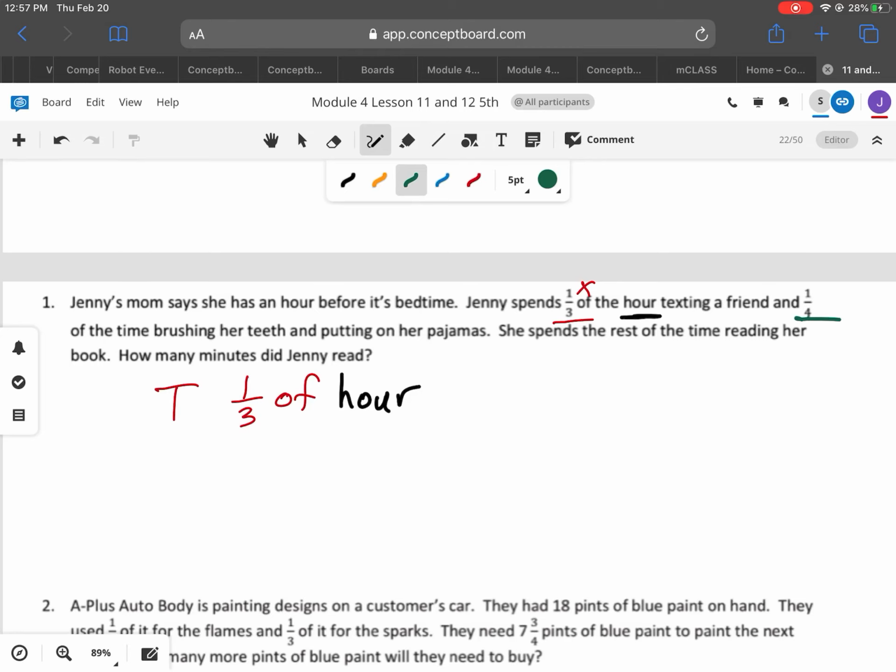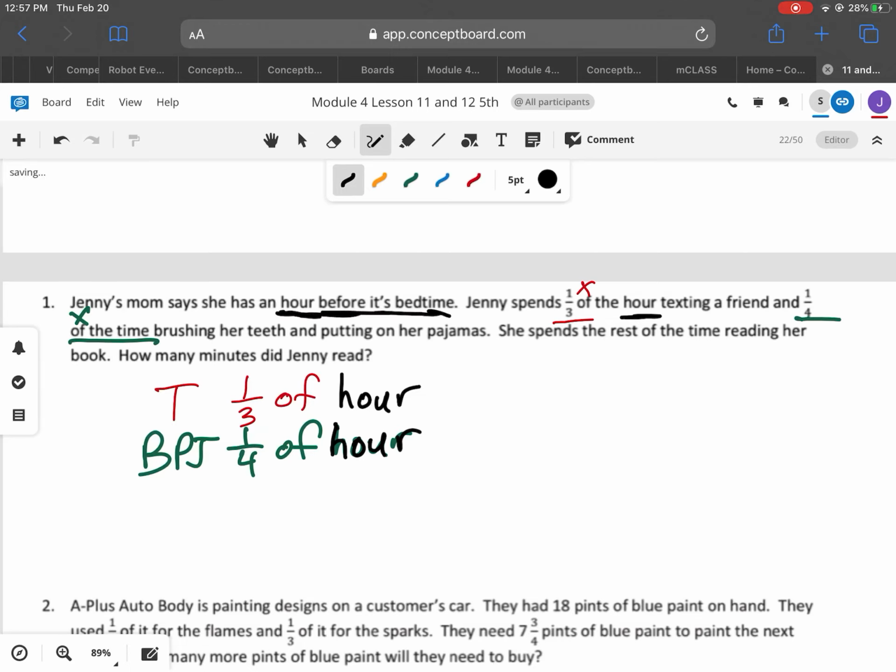And then we have 1/4 of the time. Again, that's an hour that she's brushing and PJs. She has an hour before bedtime.